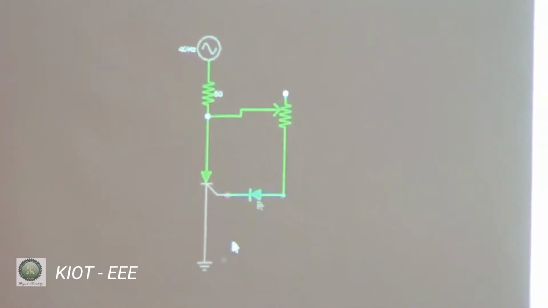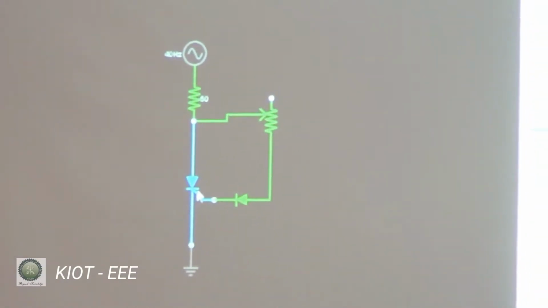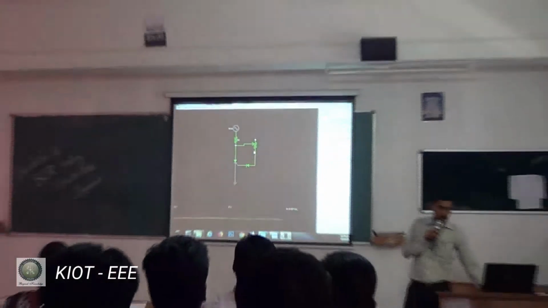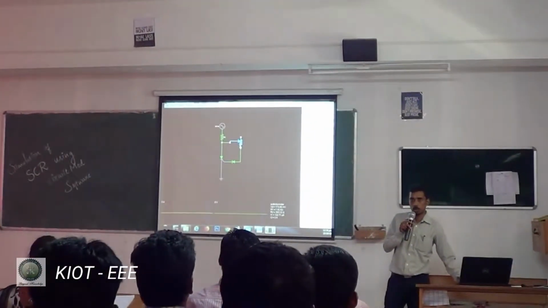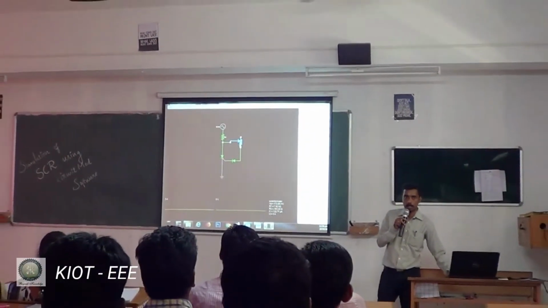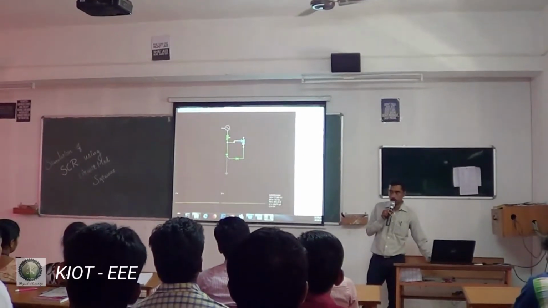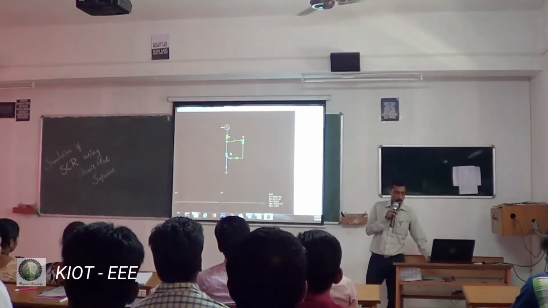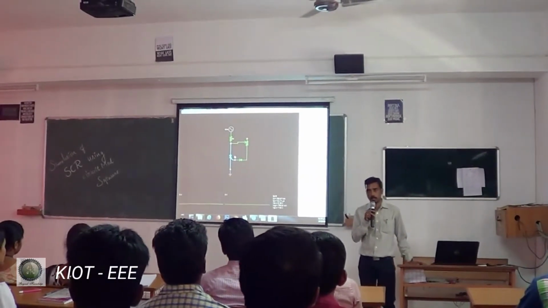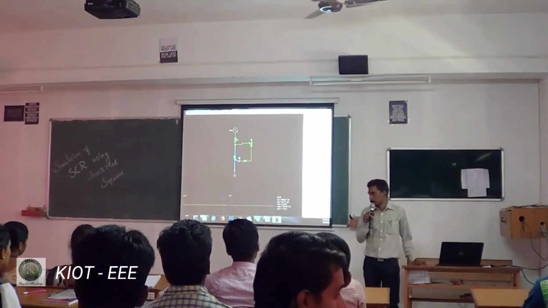So if I want to apply gate voltage to this SCR, I will be applying voltage to this potential divider. When I vary the voltage across this resistor, the voltage proportionally varies across the SCR's gate terminal.